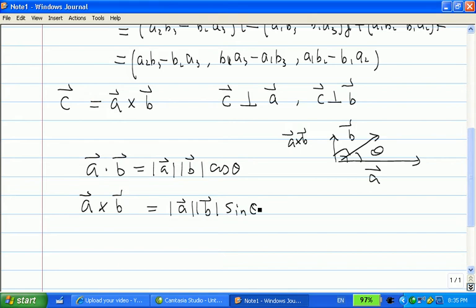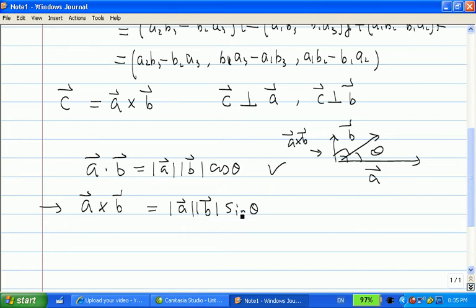Theta again is the angle between vectors A and B. We know the first is correct. Look at this second equation. Do you think this equation is going to be right?